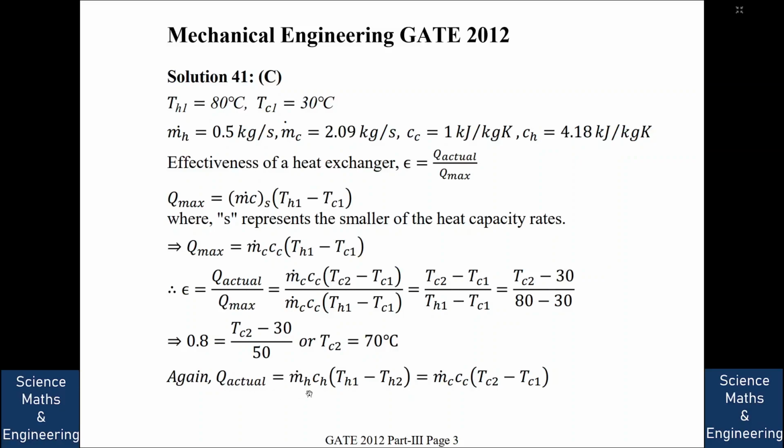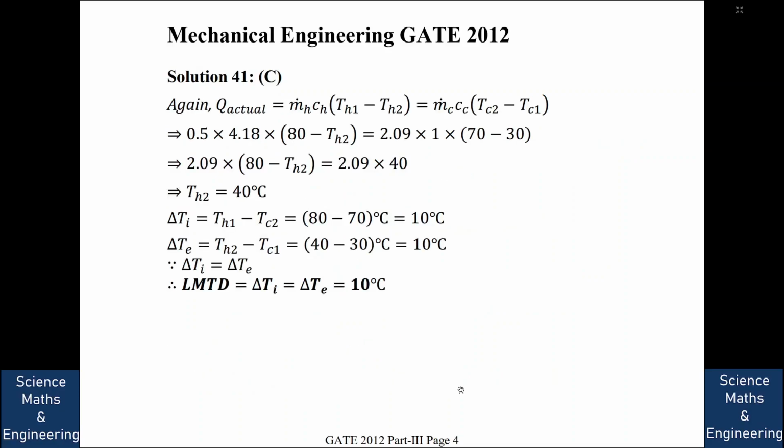Now we know Q actual is also m dot h into Ch into Th1 minus Th2, which is equal to this one. The amount of heat lost by the hot fluid is equal to the amount of heat gained by the cold fluid. So from here we get Th2 is equal to 40 degrees centigrade.